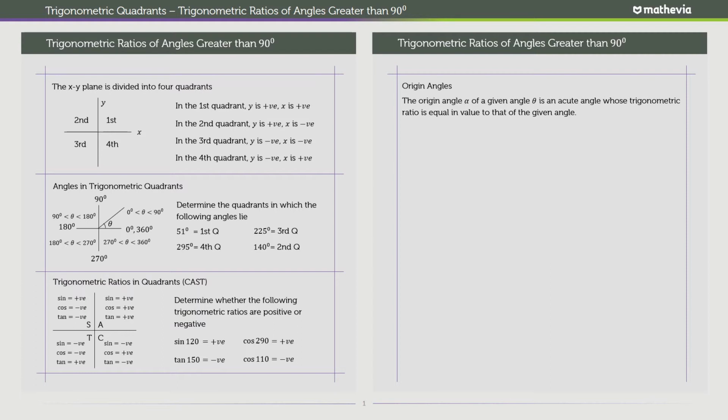If you're looking to find the trigonometric ratio of a given angle that's greater than 90 degrees, there is an acute angle whose value is equal to your given angle. The first thing you need to do is find this angle and then find its trigonometric ratio, because when you have the trigonometric ratio of this angle, you have the trigonometric ratio of your given angle.